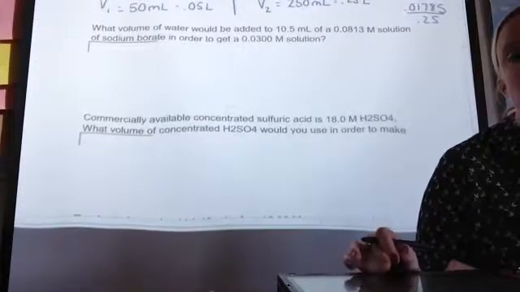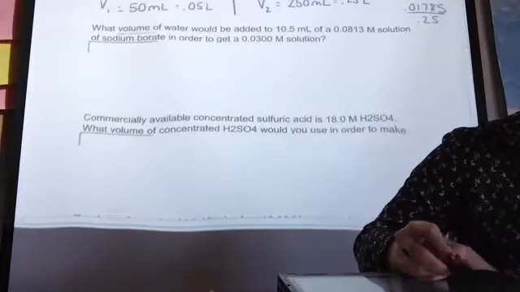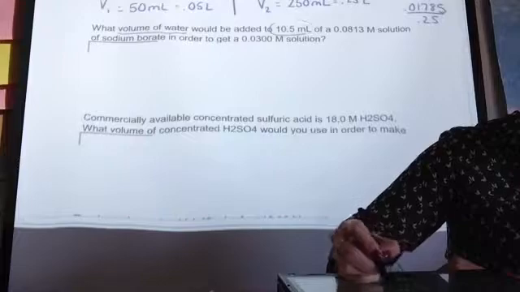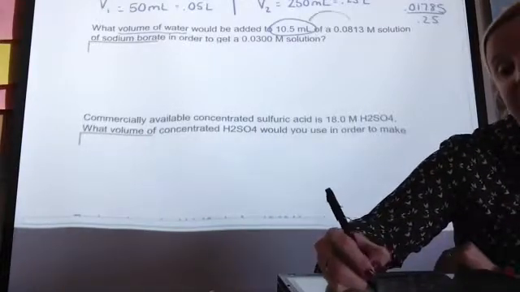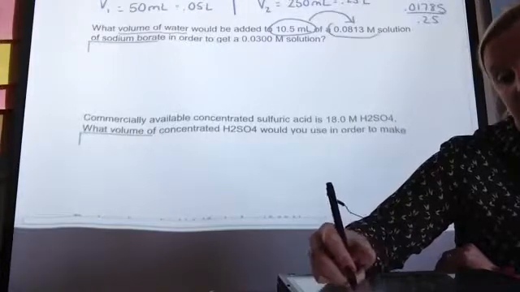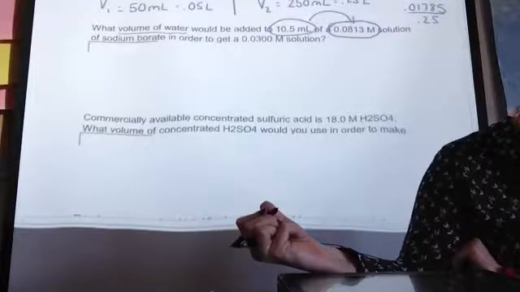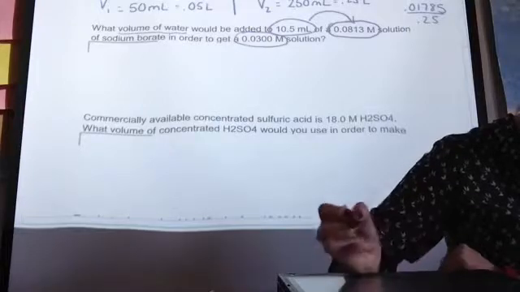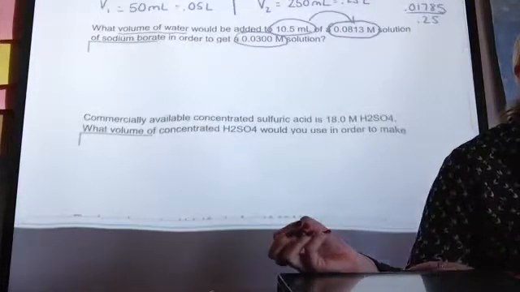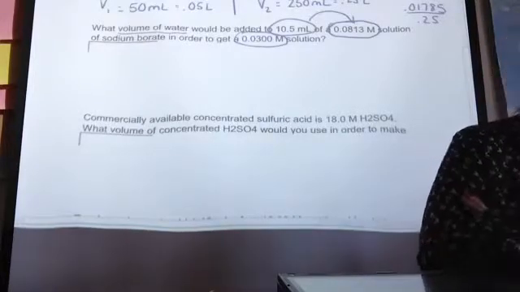This problem says what volume of water would be added to 10.5 milliliters of this solution of sodium borate in order to get a 0.03 molar solution. This is a two-step problem.